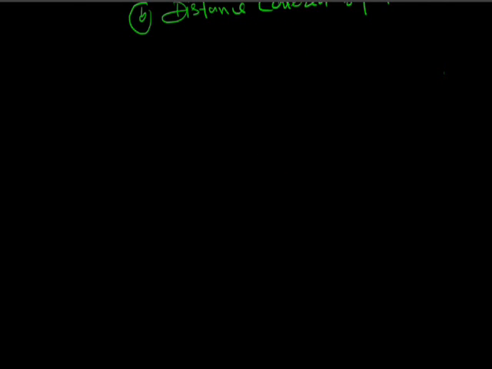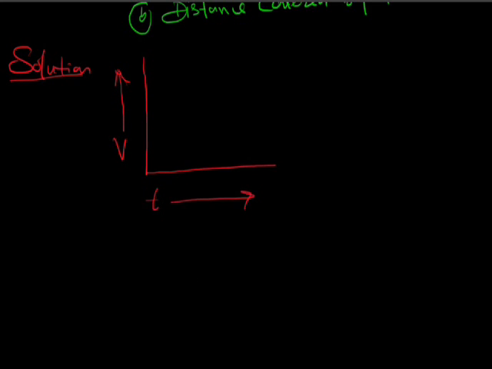Now come to the solution. Let the bus start. This is the v axis and this is the time axis. If the bus starts from rest, it means velocity v equals 0, and it achieves the maximum velocity v here with acceleration alpha and comes back to rest with retardation beta, and the total time of journey is small t.